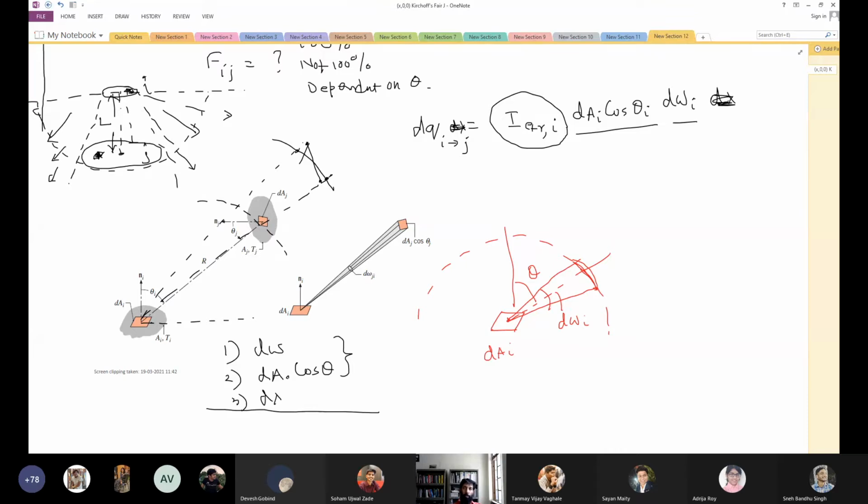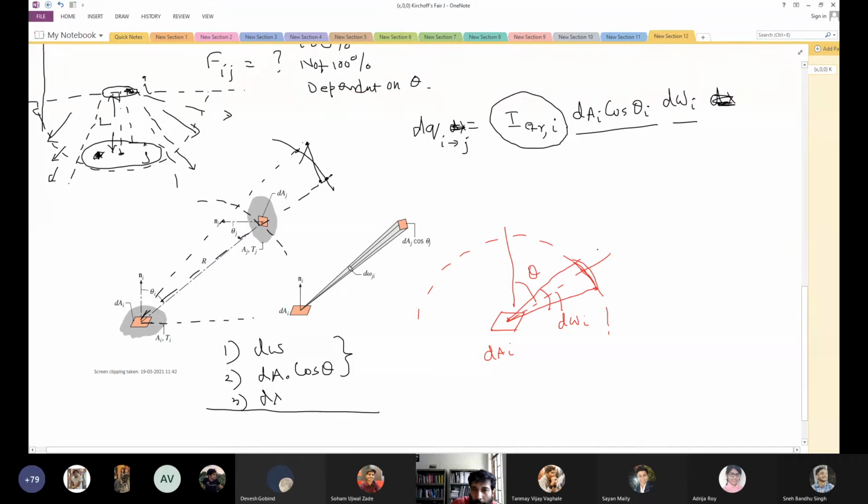Okay, so again, for the last time, let me state that I_e+r is the energy radiated per unit projected area per unit solid angle. So when I write dA_i I cos theta, I get, for a given projected area and a given solid angle, this much energy. Now let me dissect a little bit on this d omega_i.